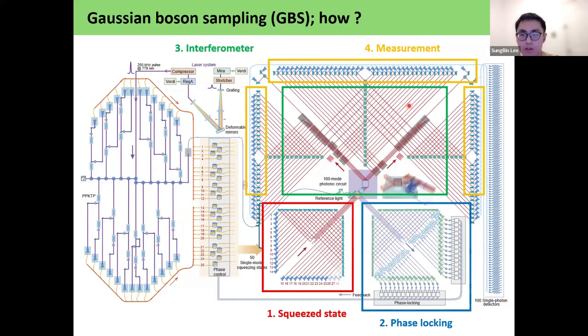You have to measure them all in the photon number basis. I'm not going to do this experiment. Even if I become an experimentalist in the future, you should not do this. You would have to use all of your PhD time, and that would not even be enough. And I'm a theorist, so I'm not going to do this experiment. I'll only explain how they did it.